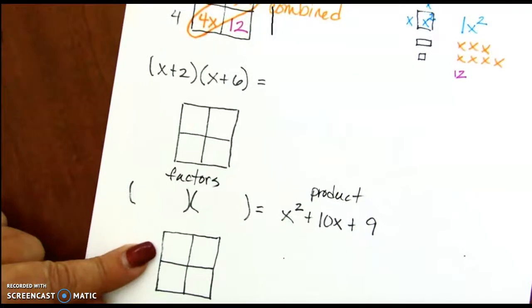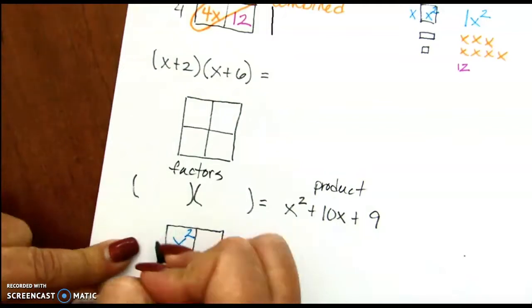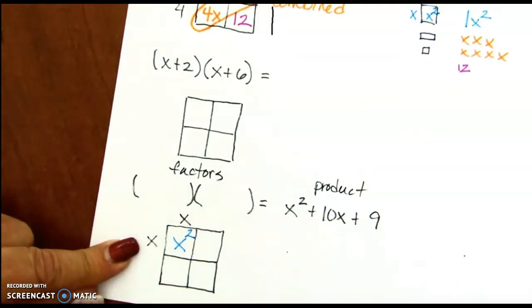All right, so I have an x squared. I knew that was here, and the way we got x squared was x times x. I had to come up with these two numbers, right? Those I was combining. So let's skip over that for a second, and let's go to put the 9 here.